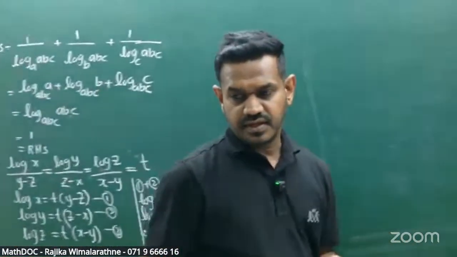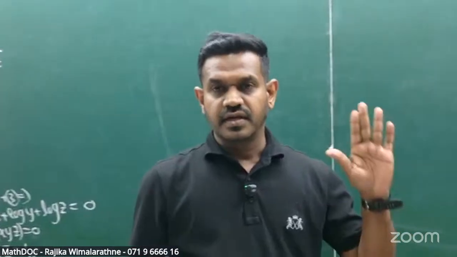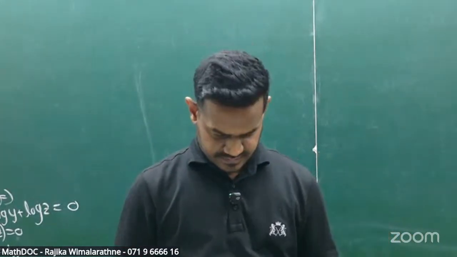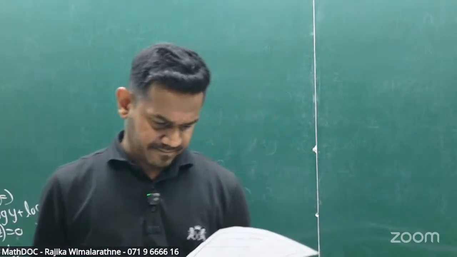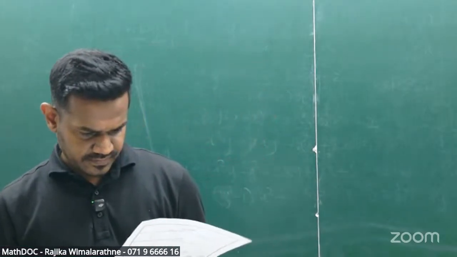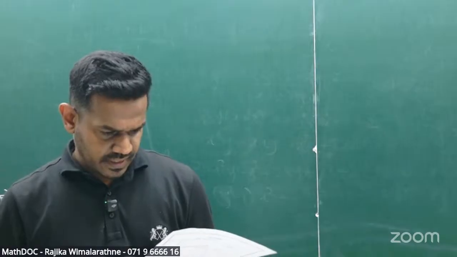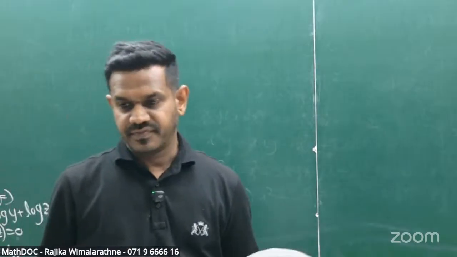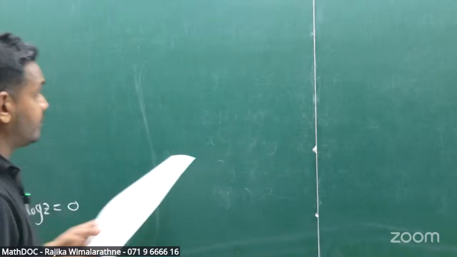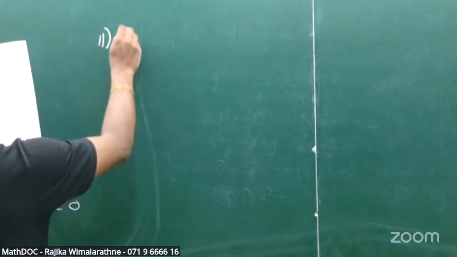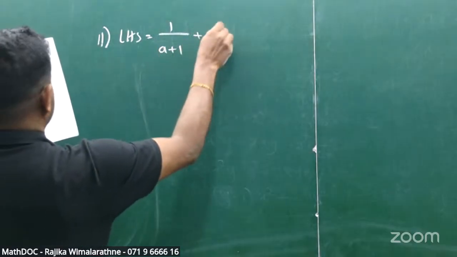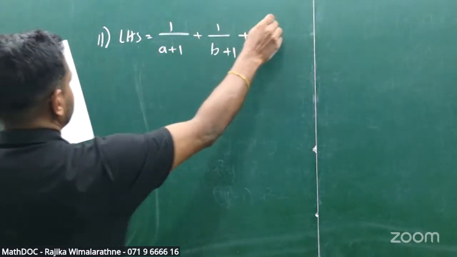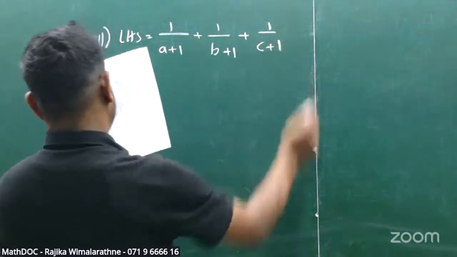Okay, now let's move to another question, question number 11. Take the left hand side: 1 over a plus 1, 1 over b plus 1, 1 over c plus 1.